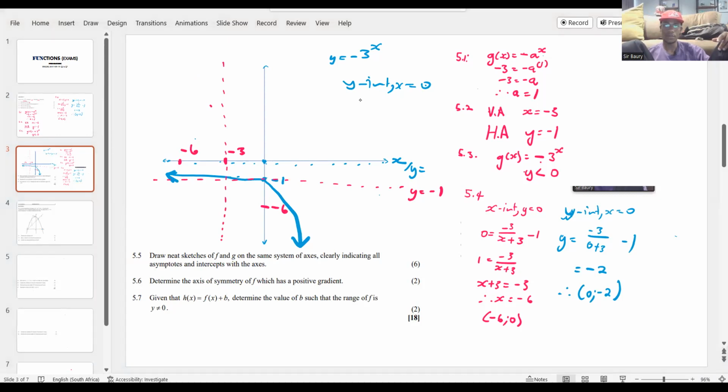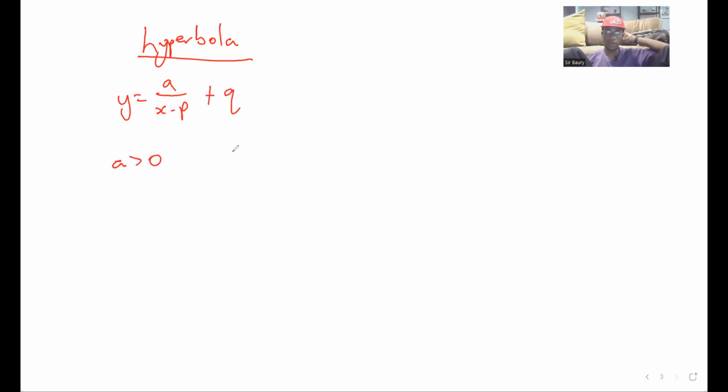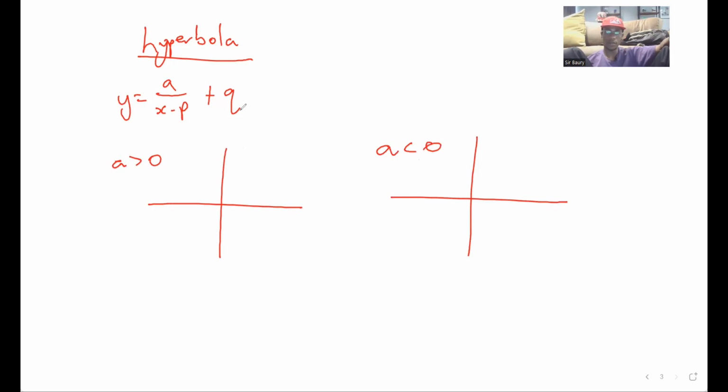For the hyperbola, y is equal to a over x minus p plus q. If a is greater than 0, then you're gonna have this, and if a is less than 0, this is what you're gonna have, right? So you have the first, the second, the third, and the fourth.